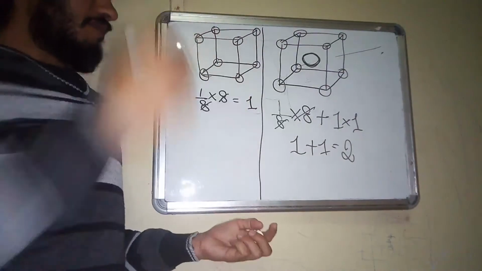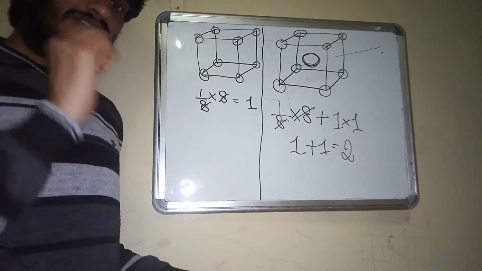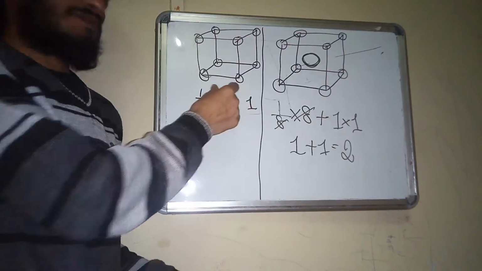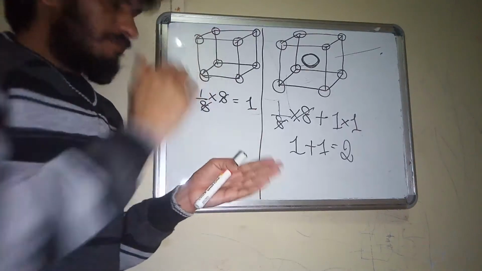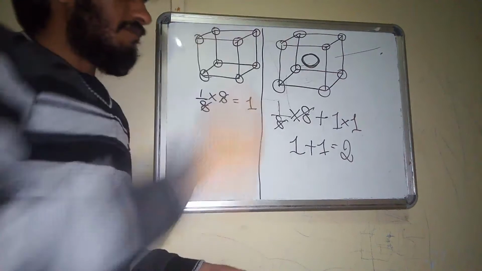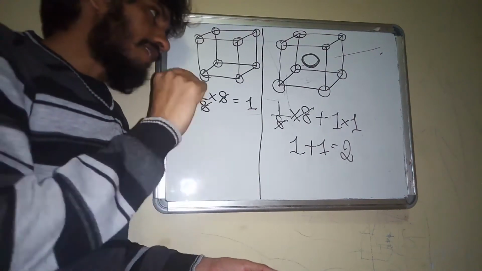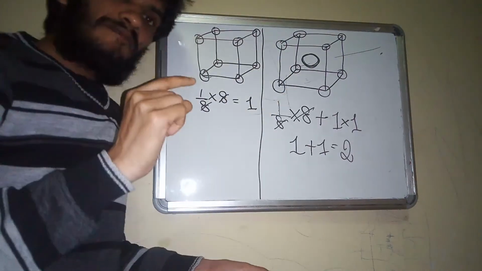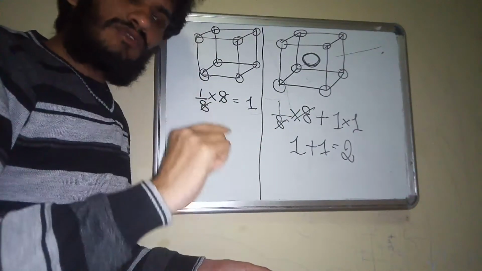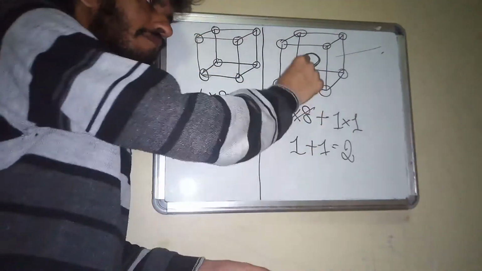In simple, in 8 corners only 8 atoms are present, that means each atom's contribution is 1/8. That means the total atoms in the simple or primitive unit cell is together 1. But whereas in body center, in 8 corners 8 atoms are present, as well as in the middle of the body centered unit cell 1 atom is present, which is not going to share its part with any adjacent unit cell. It completely belongs to the body centered unit cell.